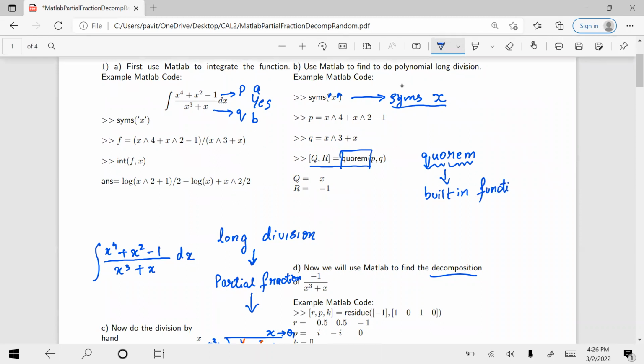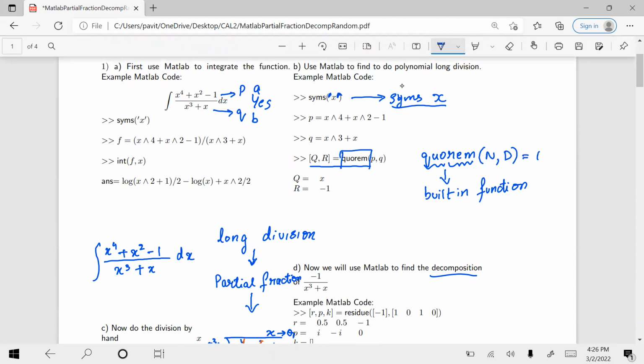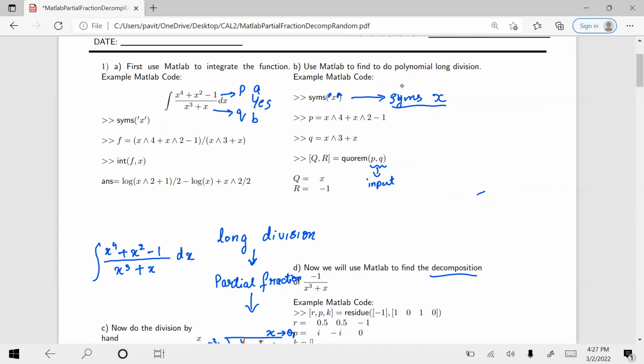When I say built-in function, somebody would have built this code. It will require you to input some numerator and denominator, and that will give you the quotient and R. The things in this little parenthesis are called input arguments, in computer language.